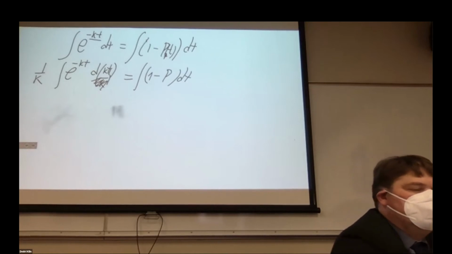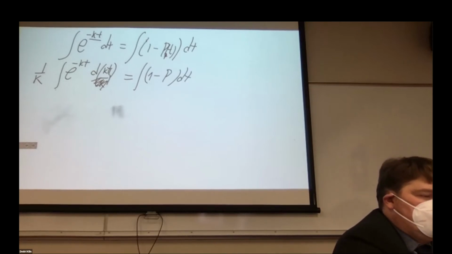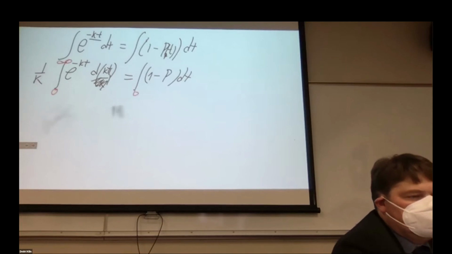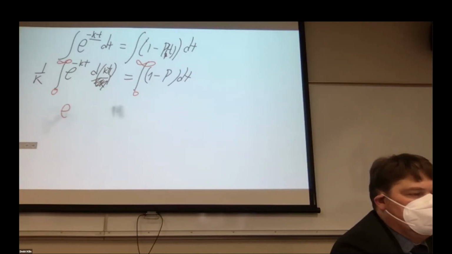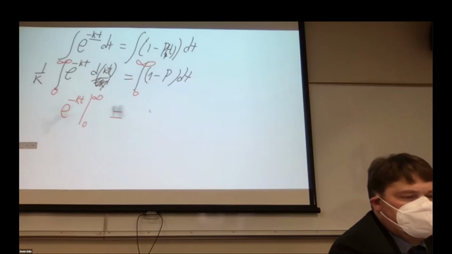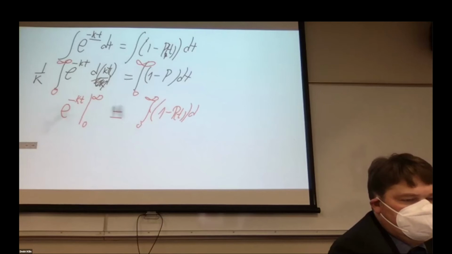Then we do need the time of reaction. It goes from time 0 to time infinity. Then the integral of an exponential is the exponential itself, right? Then we have e to the minus kt, evaluated at values 0 and infinity, equals just repeating the same from 0 to infinity, 1 minus p of the product over time.